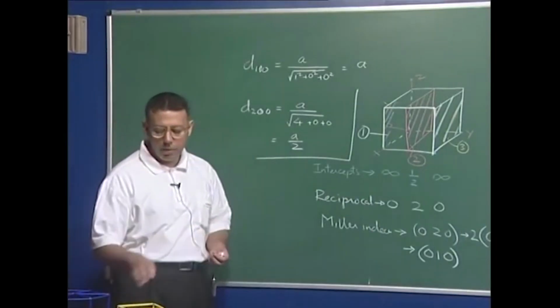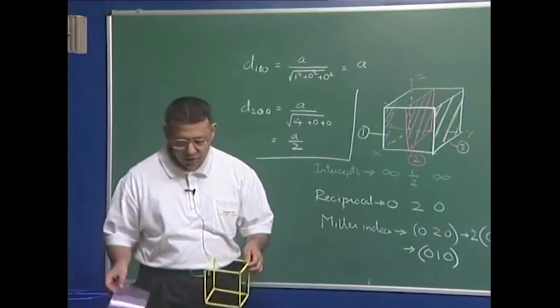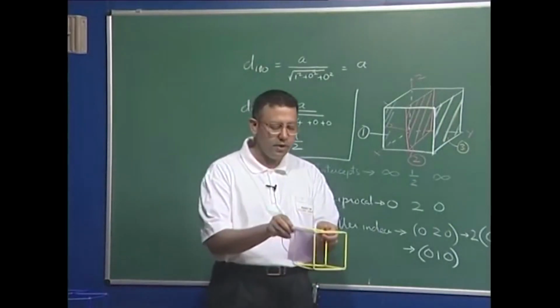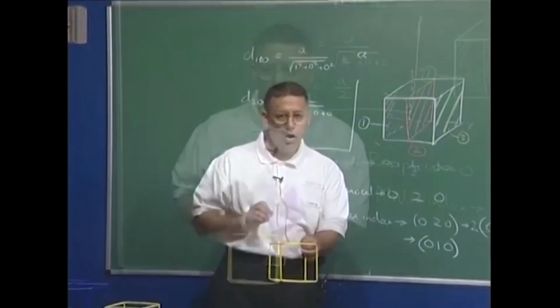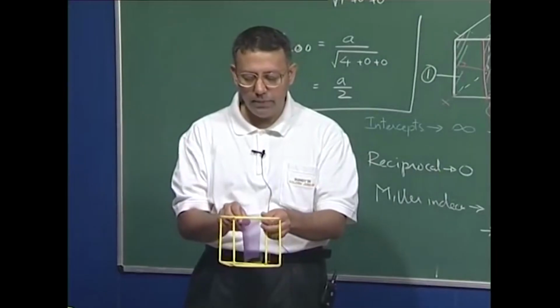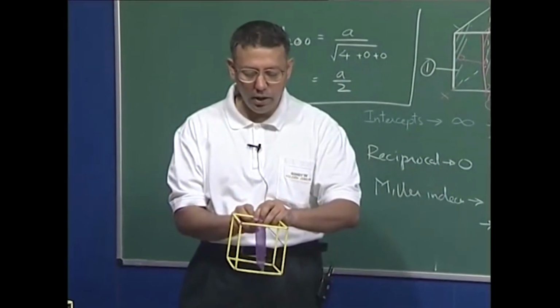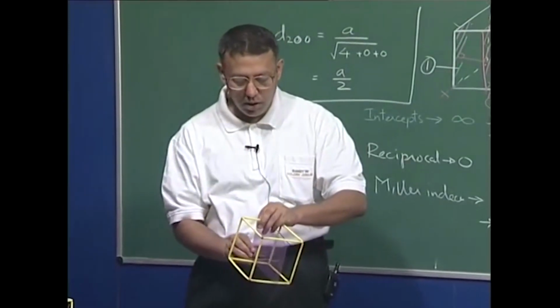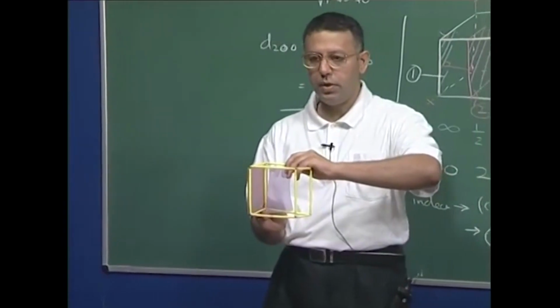Now I am asking a question: am I only considering these planes which are located in the front and in the back, which are like the 100 planes, or am I also taking into account planes which pervade at the middle? So, now I am talking about the 200 planes, I am talking about a plane in the middle, but also a plane in the corner. It is not that I have excluded these planes, these are now my 200 planes.